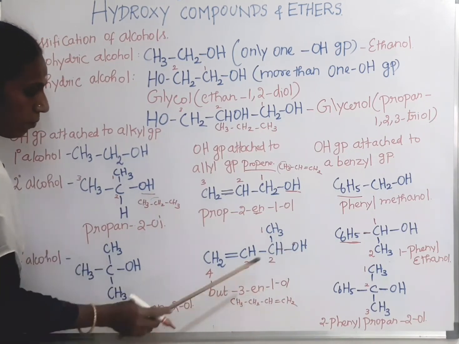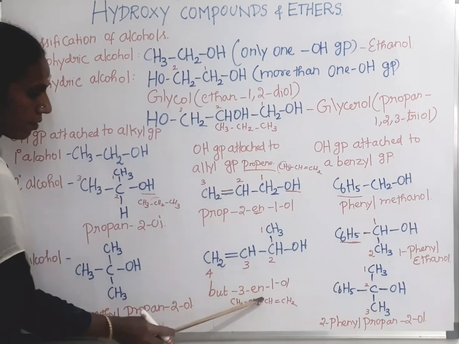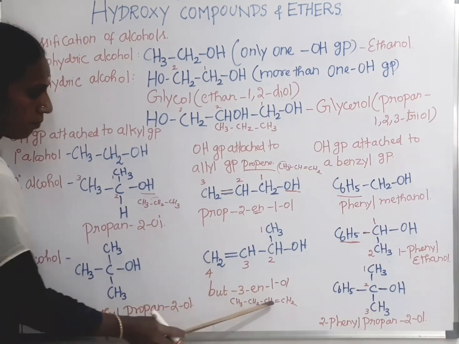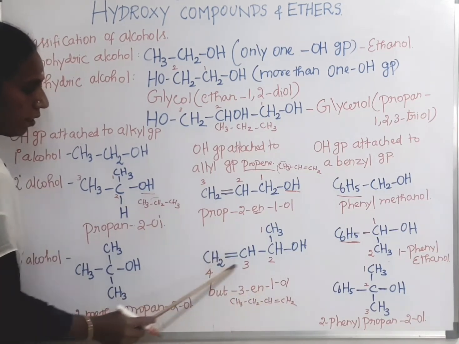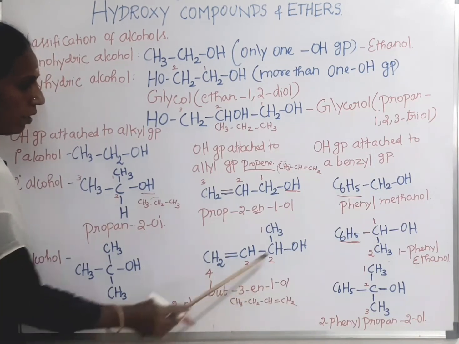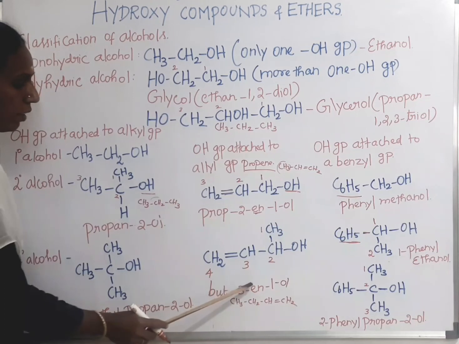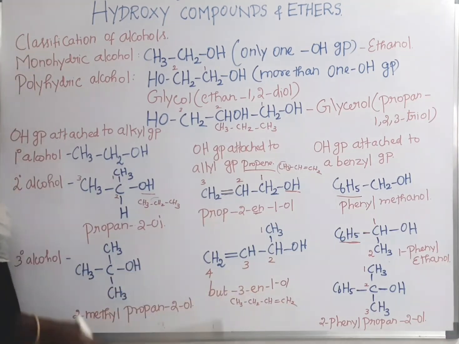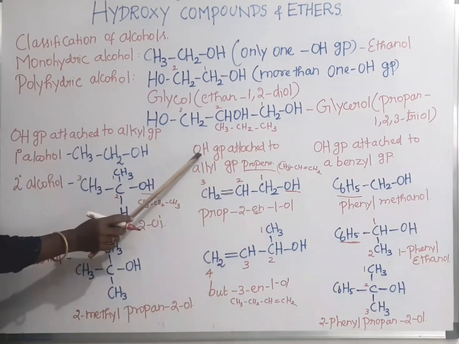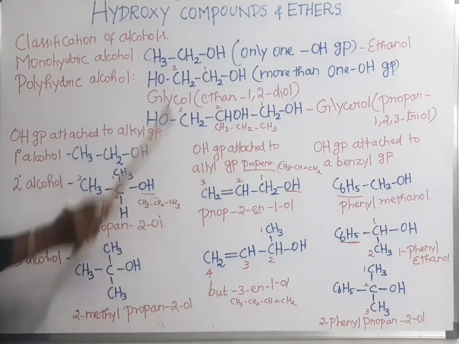This is the second carbon. The next one is the third carbon CH, and this is the fourth carbon, =CH2. This is the alkene group, so ene. The hydroxy group is attached to the first carbon, so 1-ol: but-3-en-1-ol. These are the two examples for the OH group attached to an allyl group.